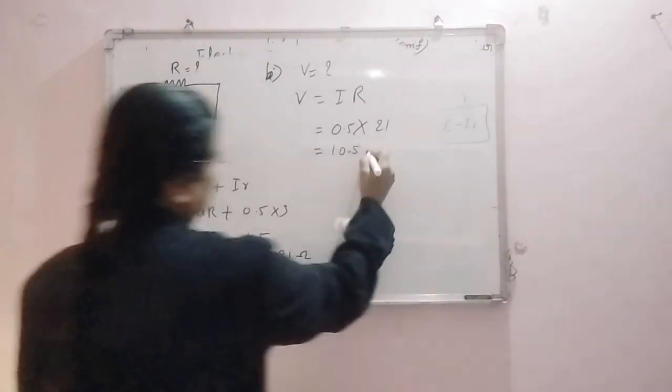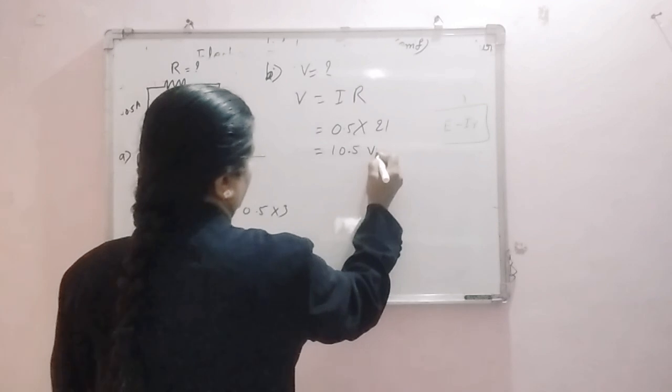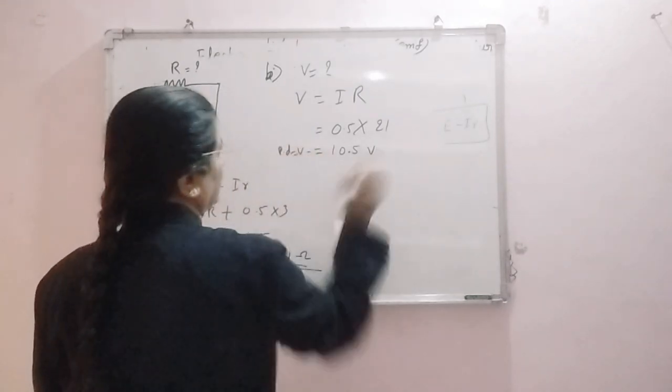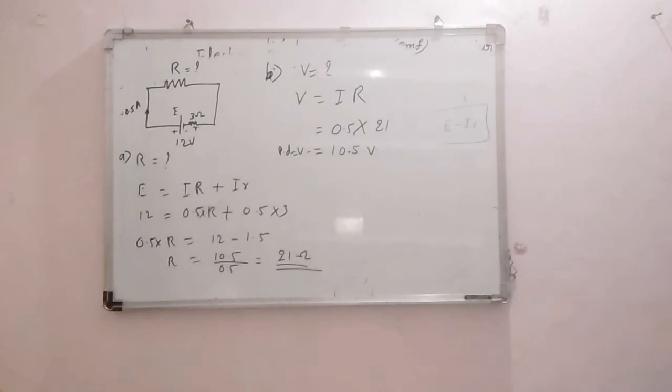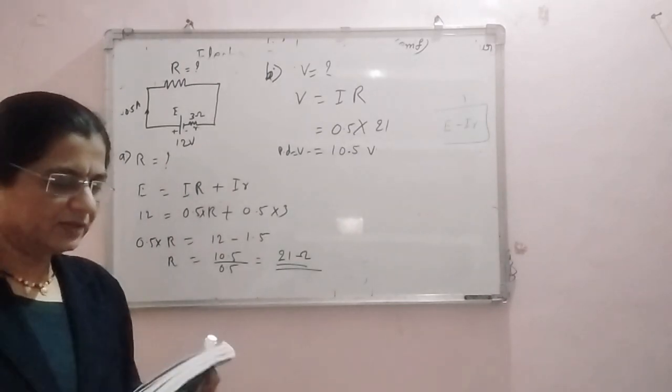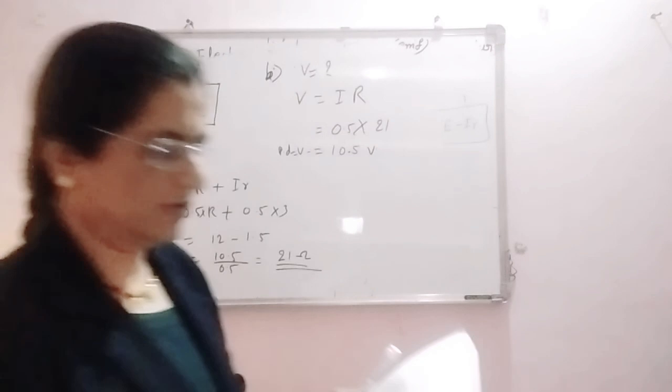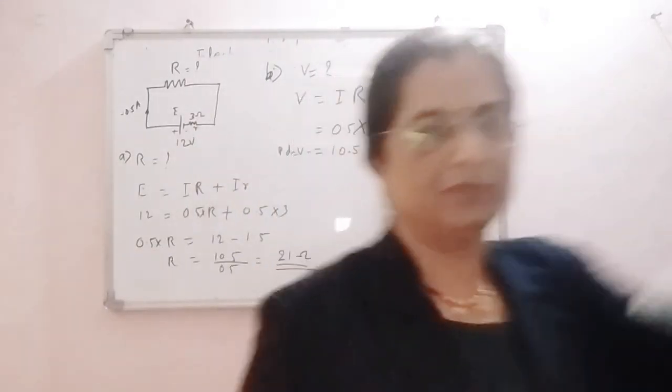The unit is volt. Potential difference V is equal to 10.5 volt. You can try the second question also, and the remaining questions, whatever is possible, from the book. Thank you.